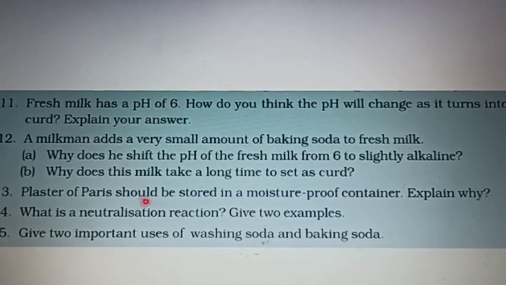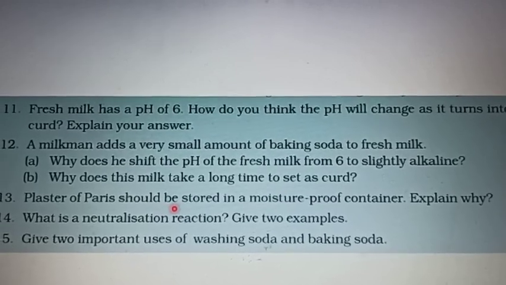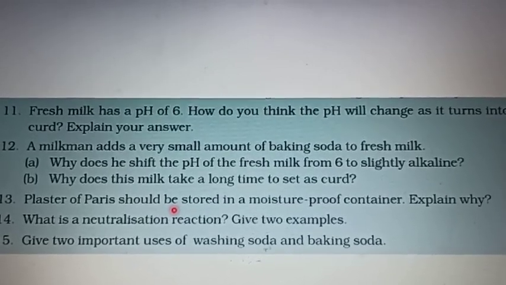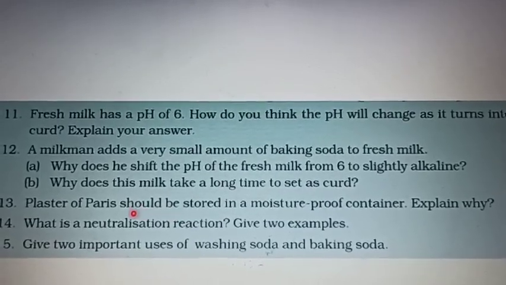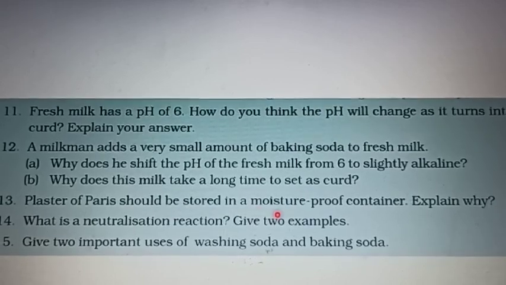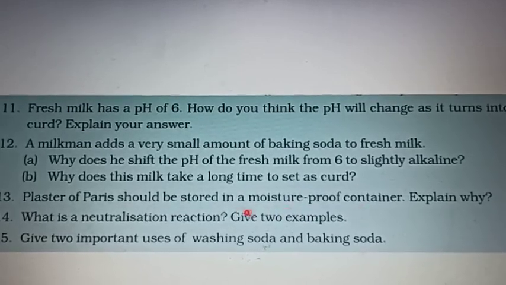So if it is stored in a container in which moisture is there, it will set and form gypsum. That is why it is stored in a moisture-proof container, to prevent the change of plaster of Paris to gypsum.